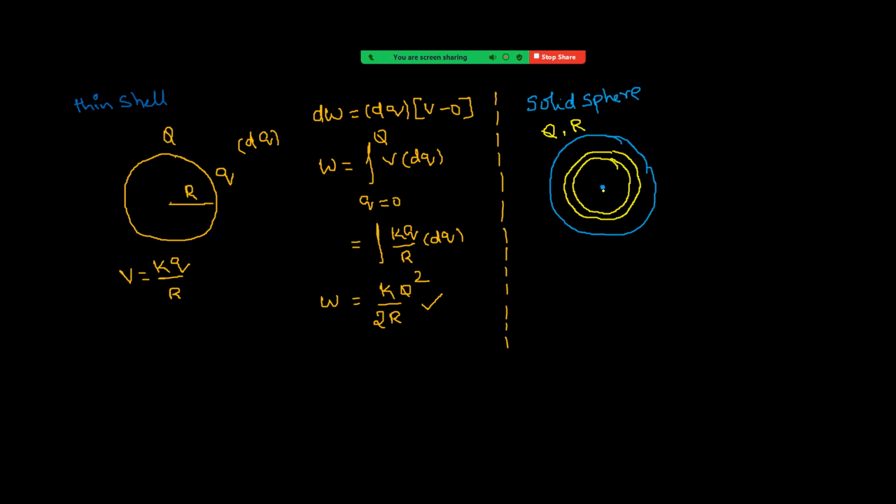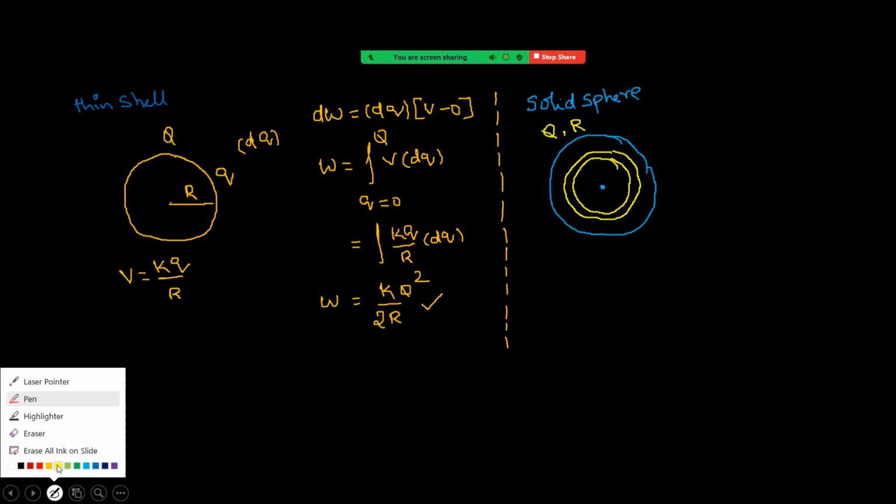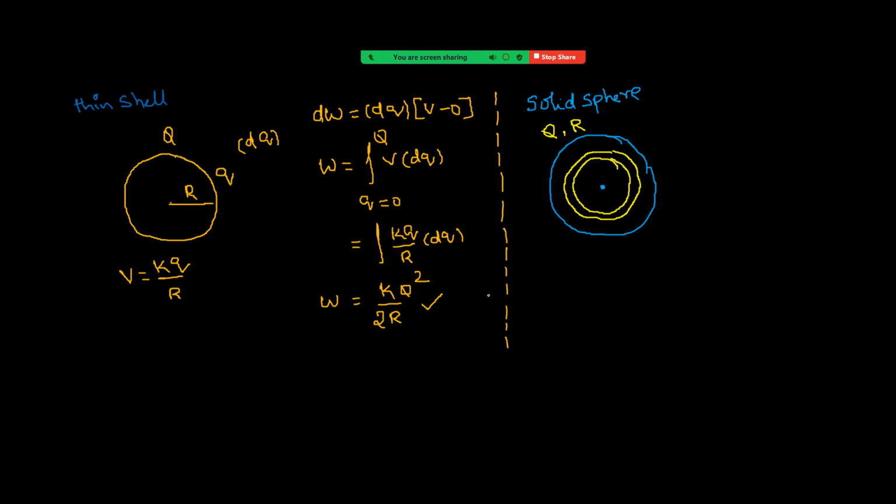Now assume for this spherical shell, the radius is smaller, its width equal to dr. So assume at one instant we have a solid sphere of radius smaller r.